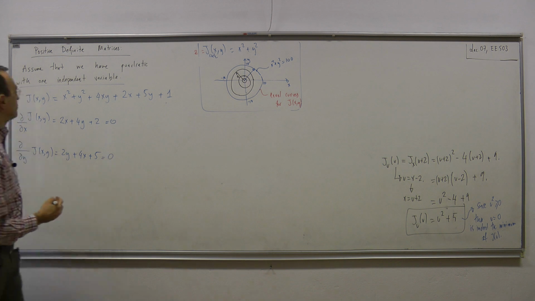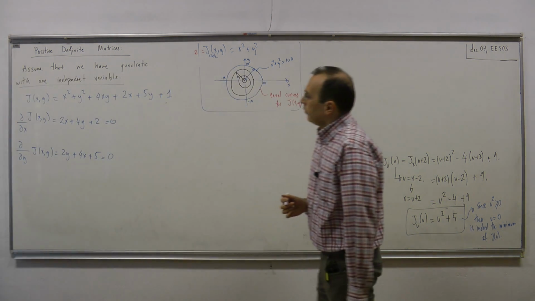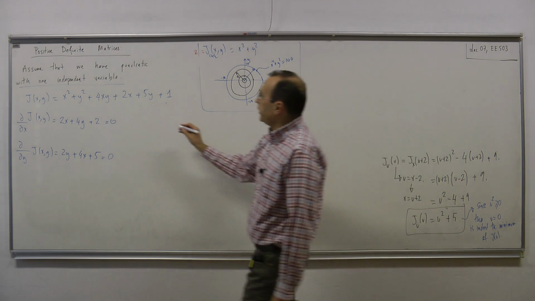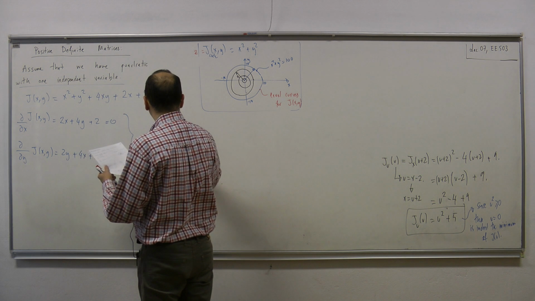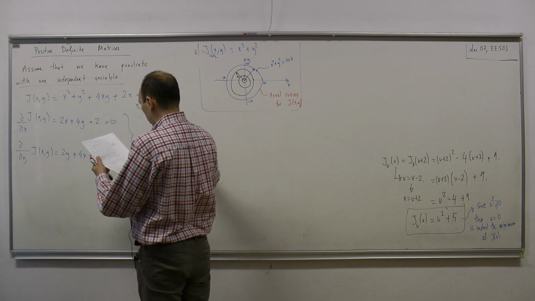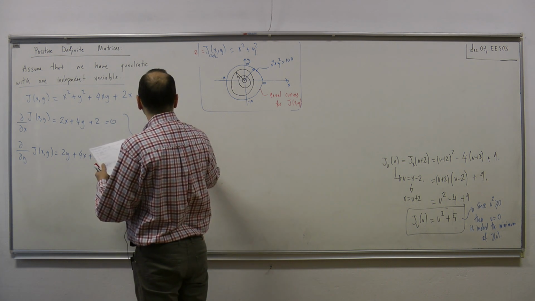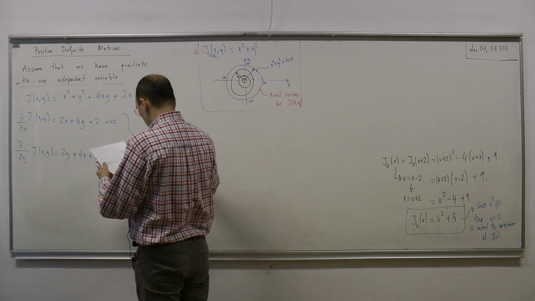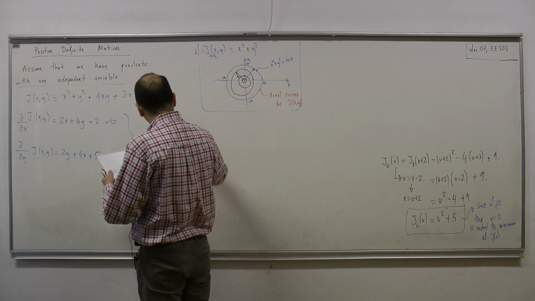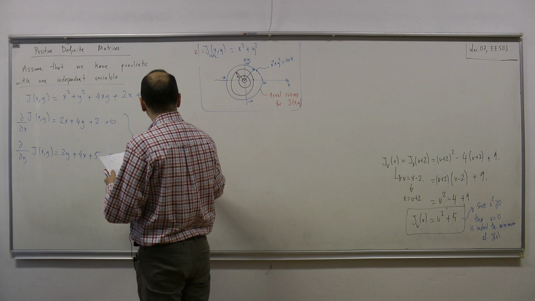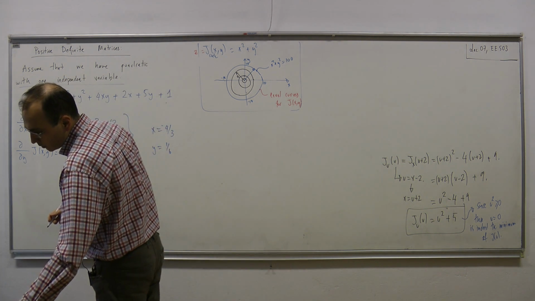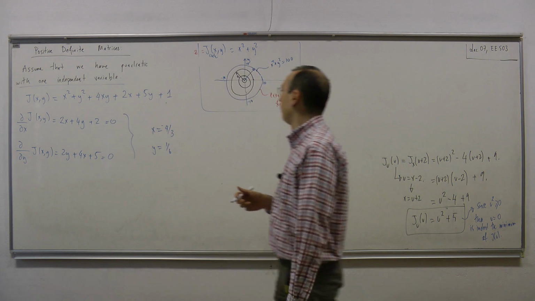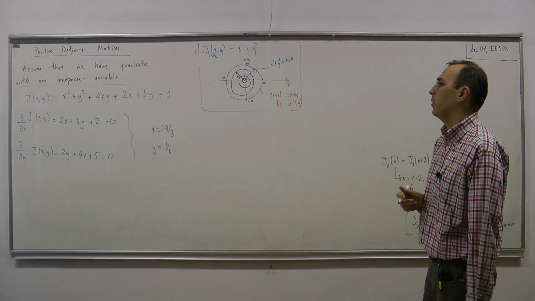Then by solving this 2 by 2 equation system, x is equal to 4 over 3, y is equal to minus 4 over 3, this is 1 over 6, and that is the result. That is the solution of this equation system.